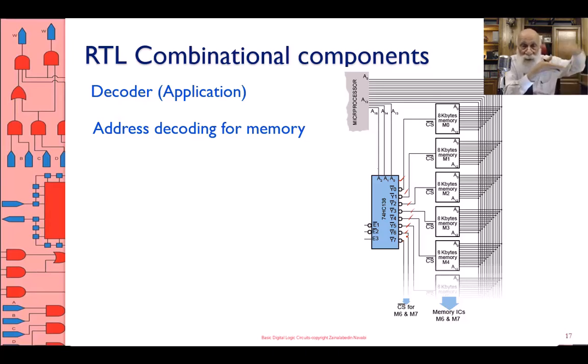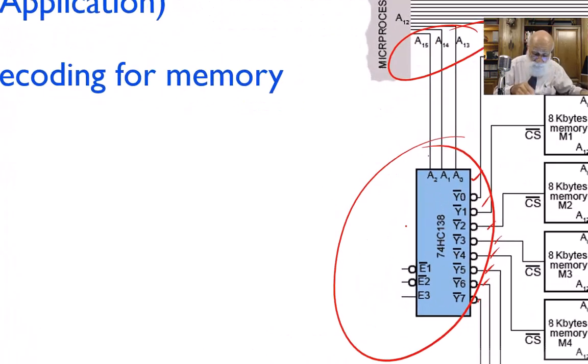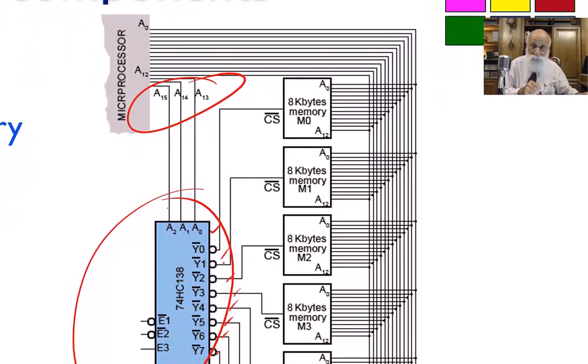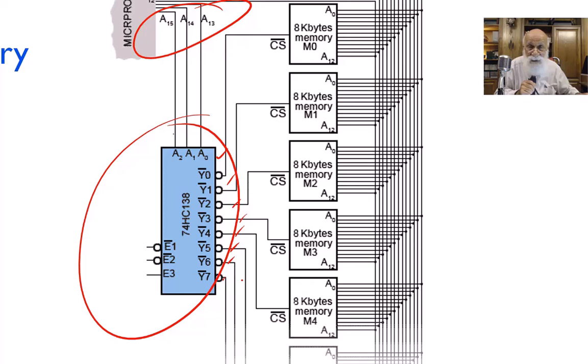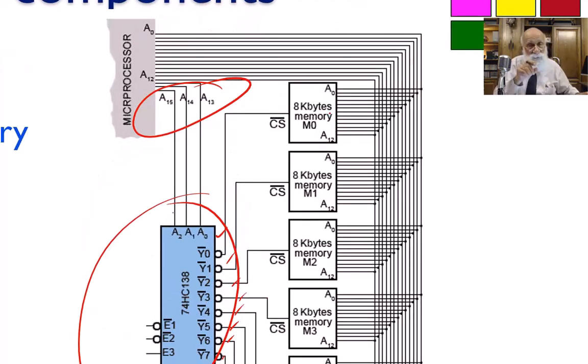And then I want to build a 64K memory. What I do is I take an address decoder, 3 to 8 address decoder, exactly as I did with the cascading there. I take the 3 most significant bits of the address, bits 15, 14, and 13, put them into the address decoder, and then according to 15, 14, 13, one of these outputs is going to be active, and then the output that is active is activating the corresponding block.